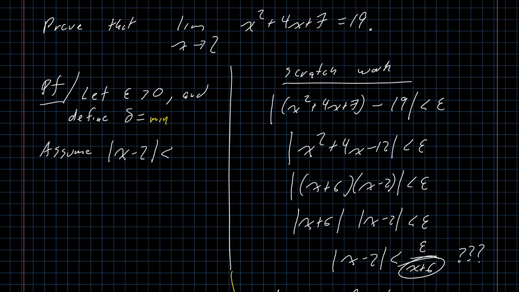We'll set delta to be the minimum of epsilon over 7 or 1, whichever is smaller. I'm fairly confident that epsilon is going to be a small number. As we saw in our first example, epsilon equals 0.01 is a very common thing. But just to be on the safe side, we'll take the minimum of the two values and see where we can go from there.